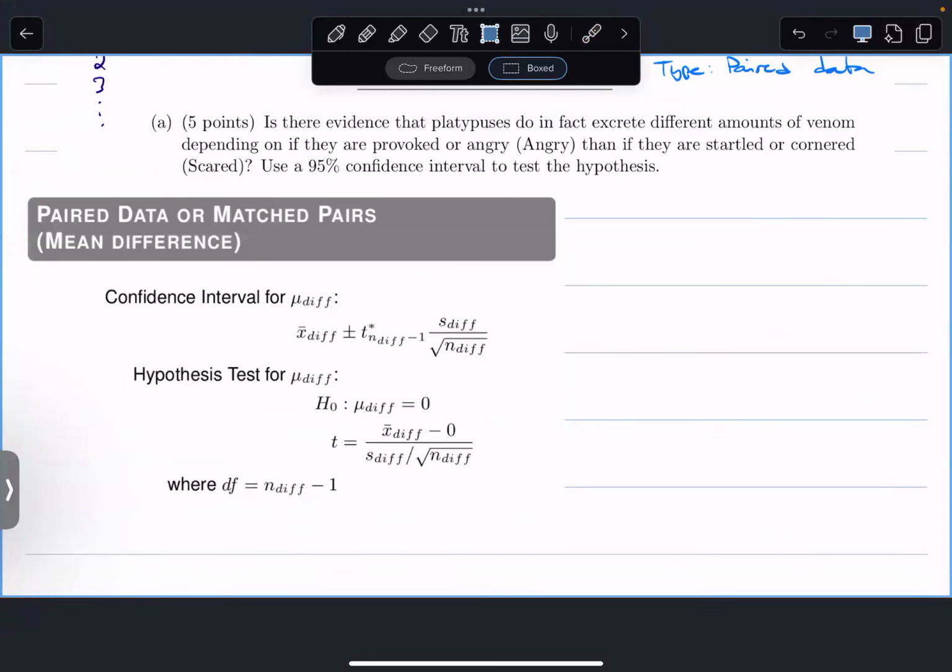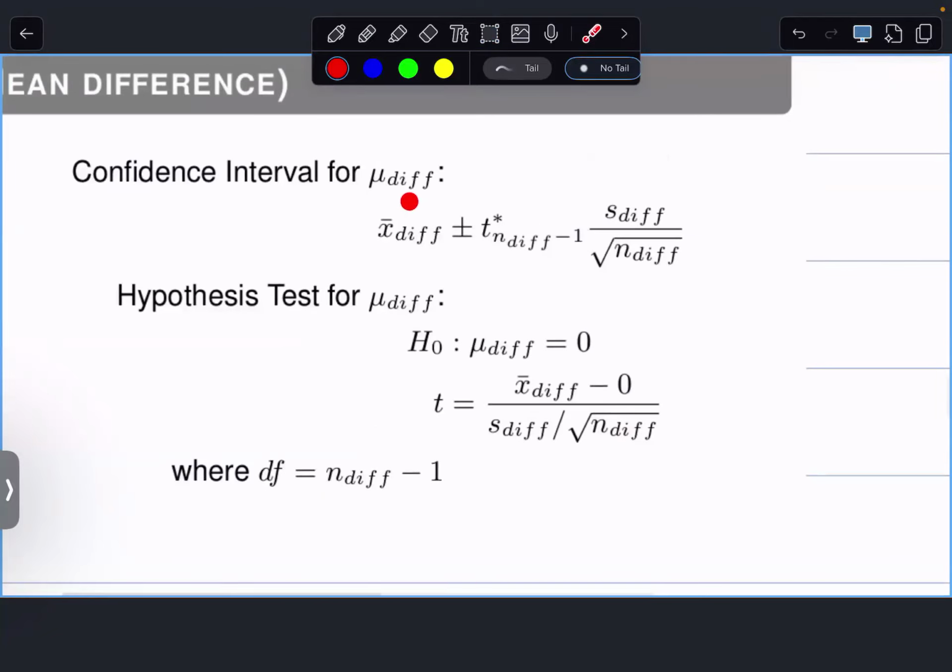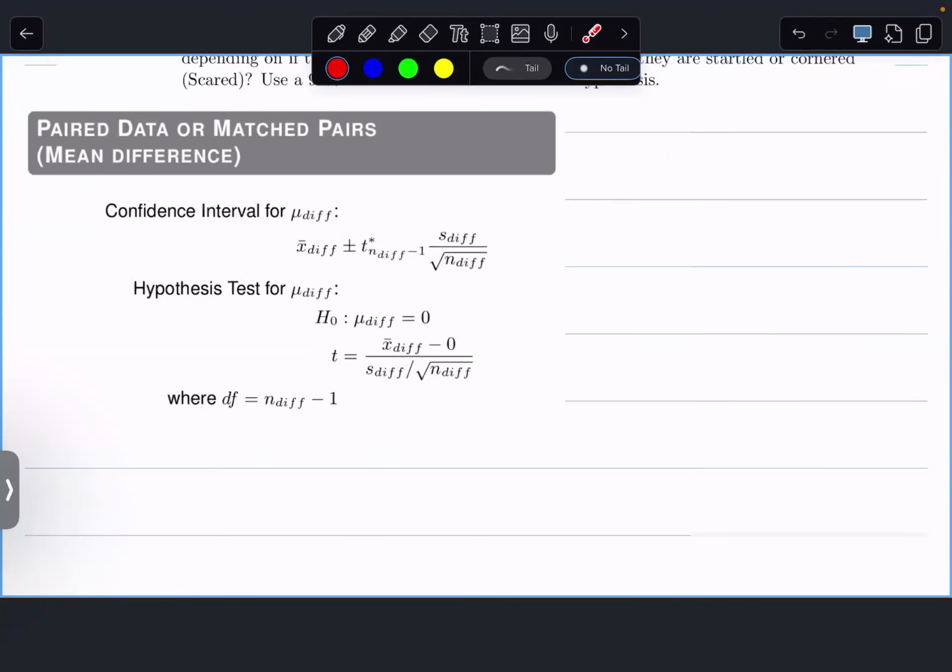It's just that the mean is now for the differences. So when I talk about the differences, usually I indicate that with a little mu diff, x bar diff, n diff, s diff. It's just extra, but it's nice to emphasize it.